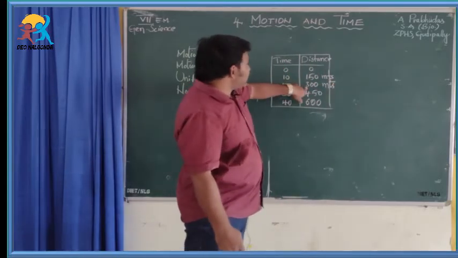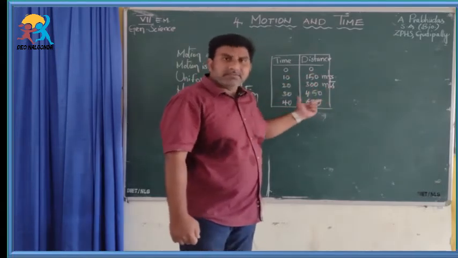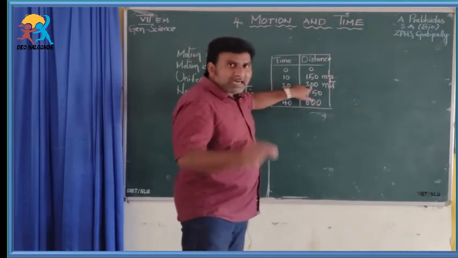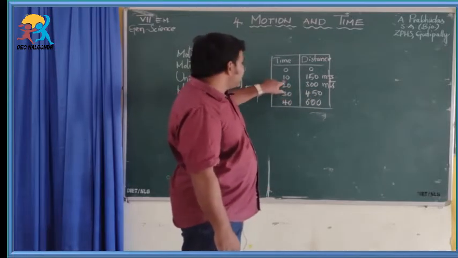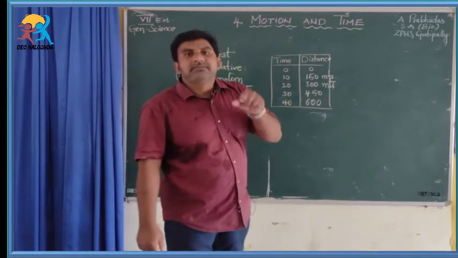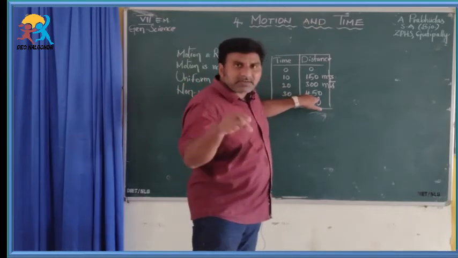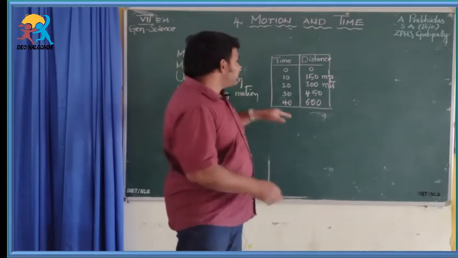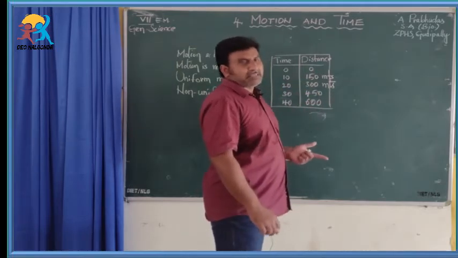After 30 seconds the total distance covered by the car is 450 meters, but the actual distance covered in that interval is 450 minus 300, that is 150 meters.